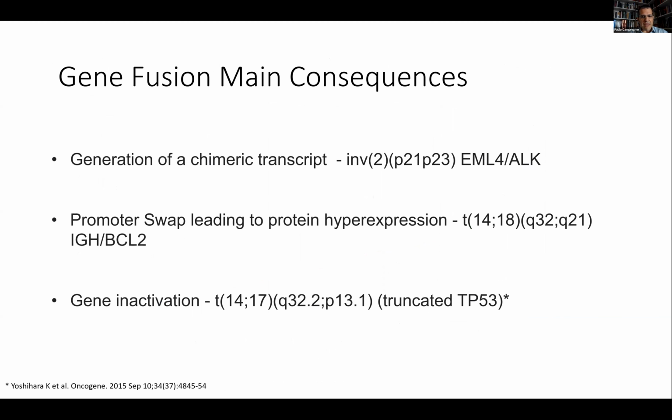So gene fusion may have consequences: generation of a chimeric transcript, as we just mentioned, or promoter swap leading to protein hyperexpression. And we also have a third kind of fusion that will lead to gene inactivation, right? So if we break a tumor suppressor gene in the middle of the gene, that can be a mechanism of loss of function.